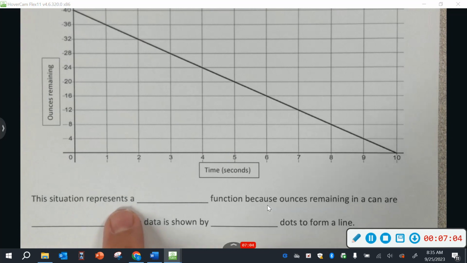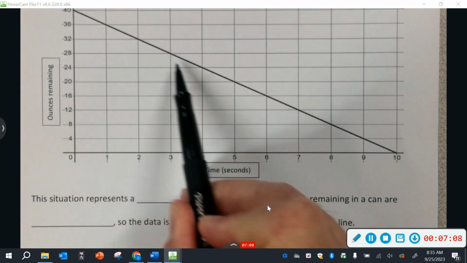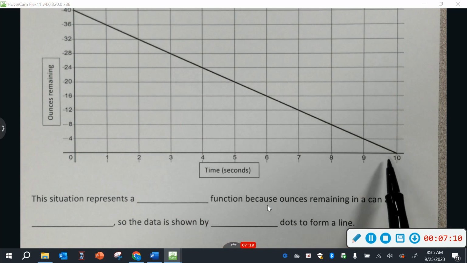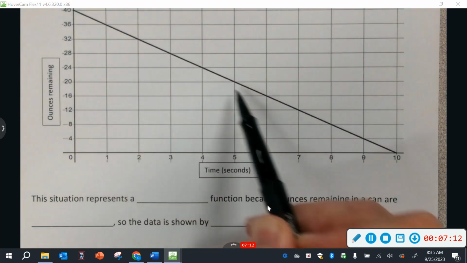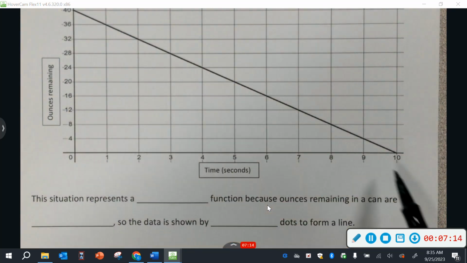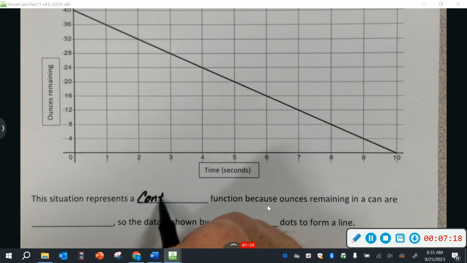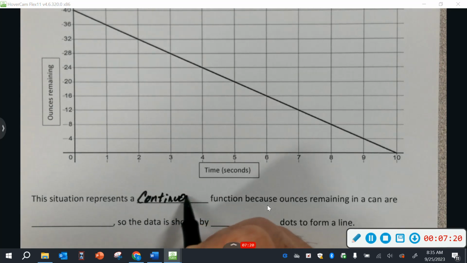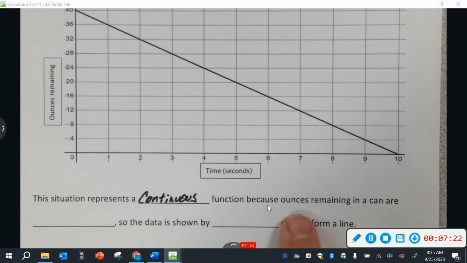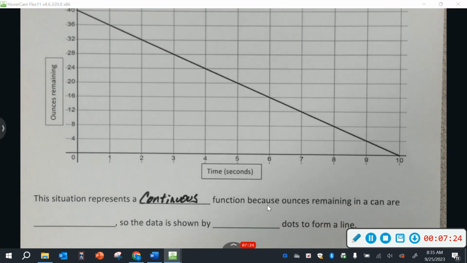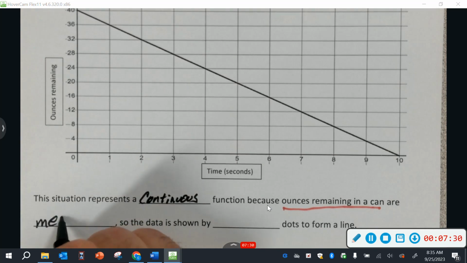So the situation represents, so notice we have a line. Okay, we have a line. So we have all these different data points, but they're all connected with a line. So this is going to represent a continuous function because ounces remaining in a can are measured.